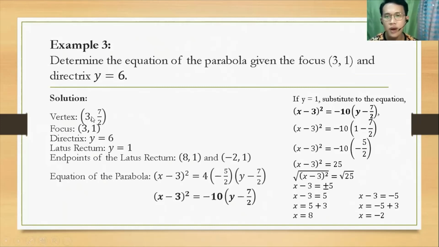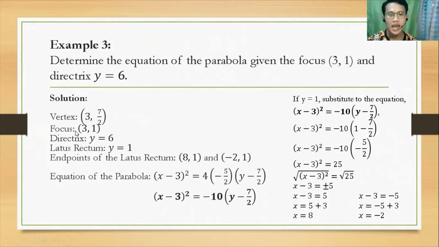And how about the y value, which is 7/2? Always remember, guys, that we can use the midpoint formula. Our vertex is the midpoint of our focus and our directrix. You can check it out by solving it on your own.